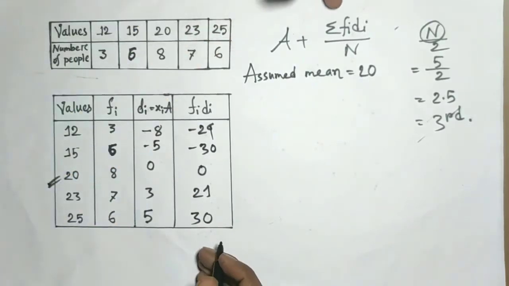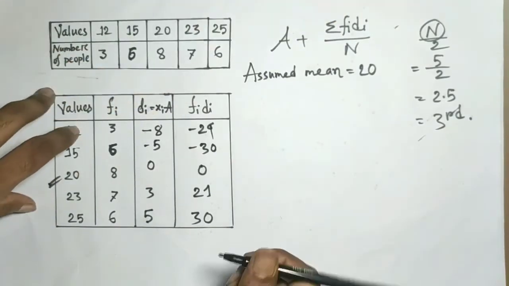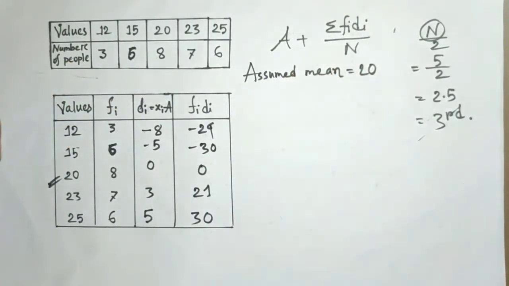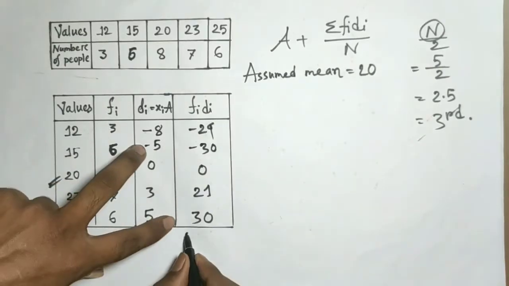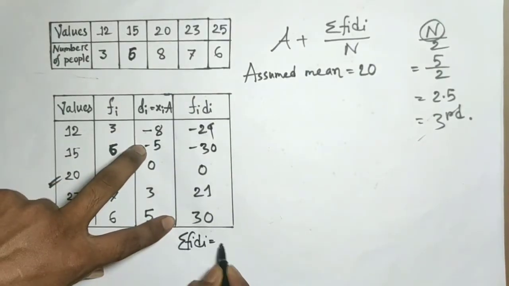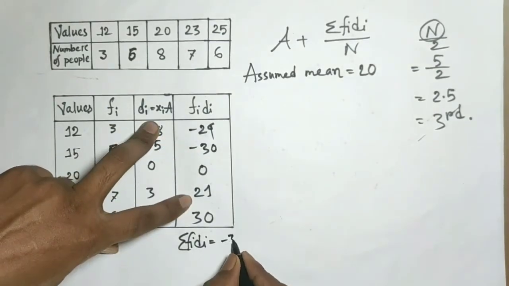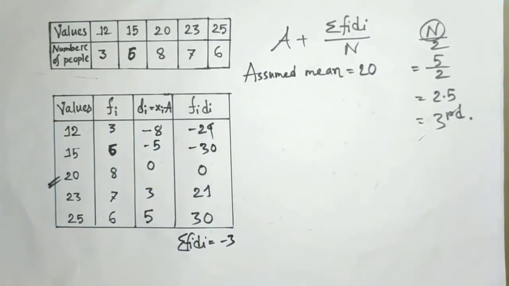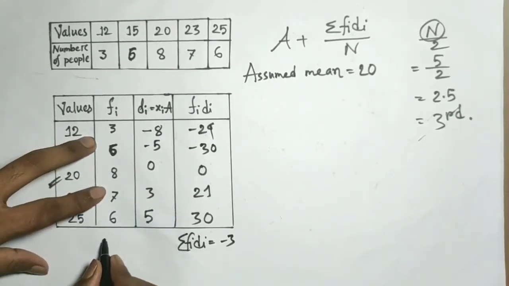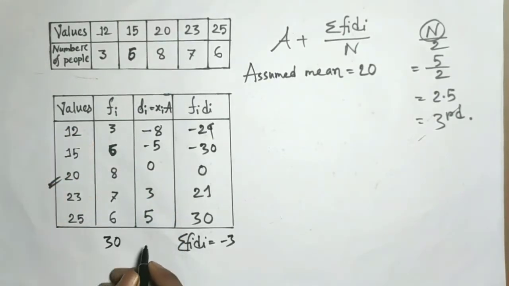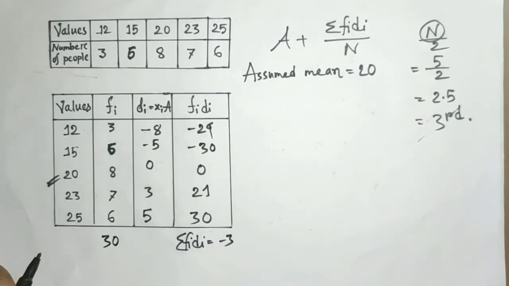So in the formula we need the summation of the product of each individual deviation with its corresponding frequency. So the summation of fi di can be measured, and it should be minus 3. The total number of observations is 30, as you can see in the earlier problem.